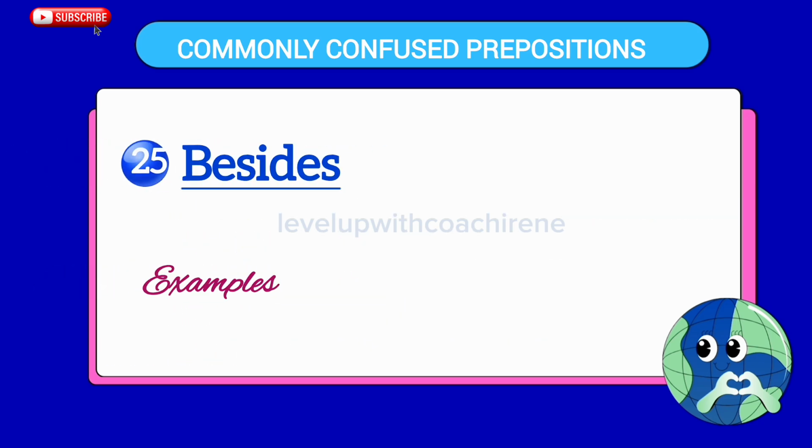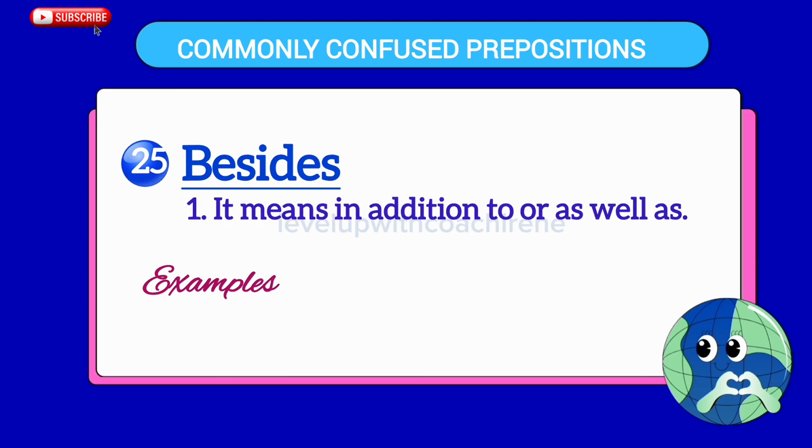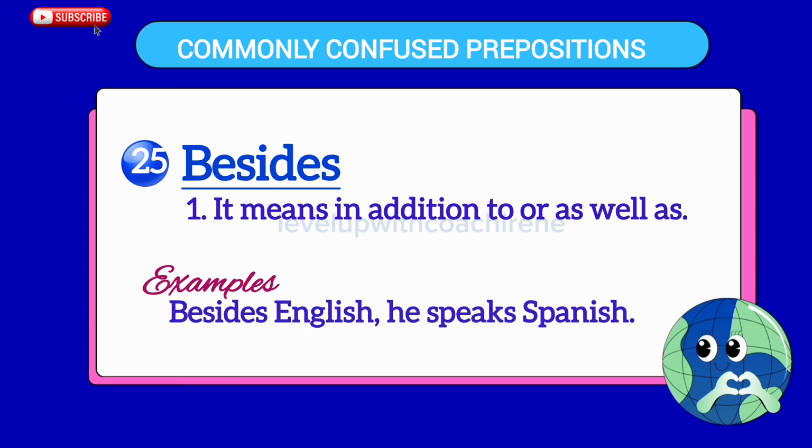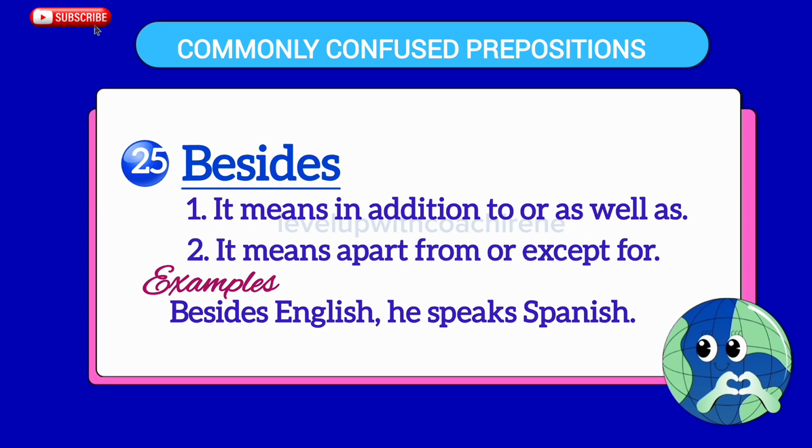Besides, on the other hand, has two meanings. Number one, in addition to or as well as. It is used to add extra information. For example, besides English, he speaks Spanish. Number two, it means apart from or except for. It is used to exclude something.